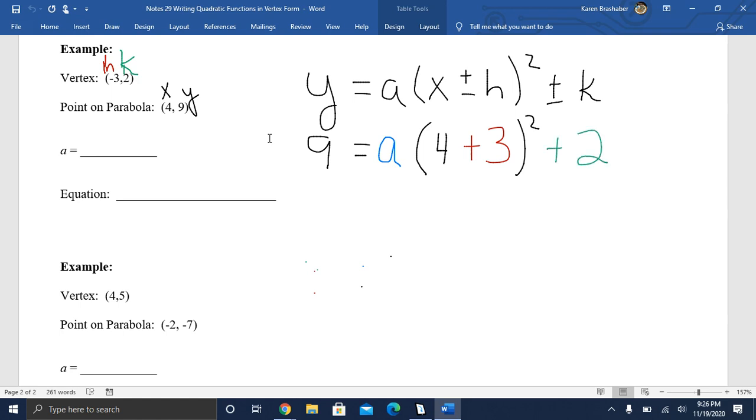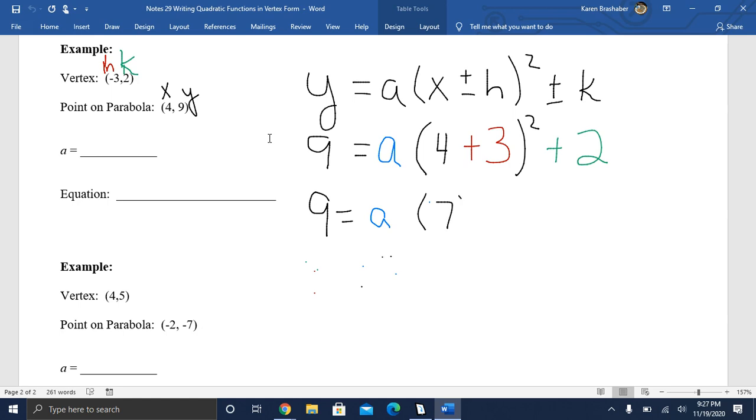Now that may look a little intimidating, but just look at it. It's not bad at all. So you have 9 equals, then you have your A, but look what this is. This is just adding 4 and 3 together. 4 plus 3 is 7. And so don't be intimidated by this.